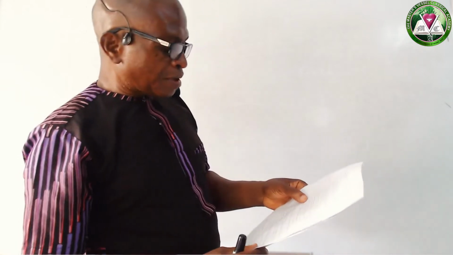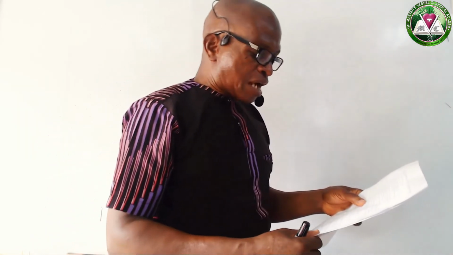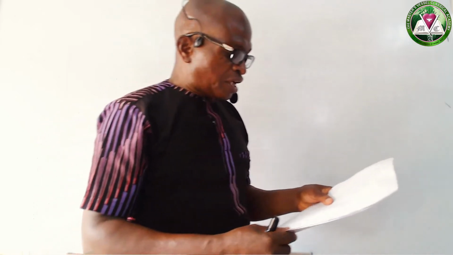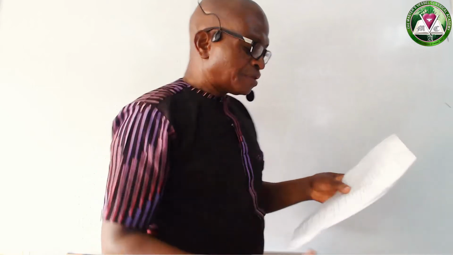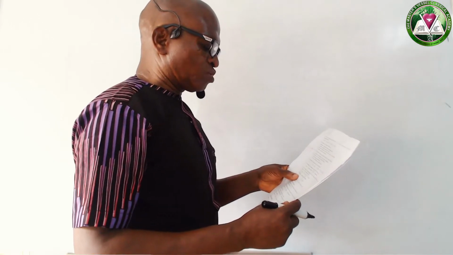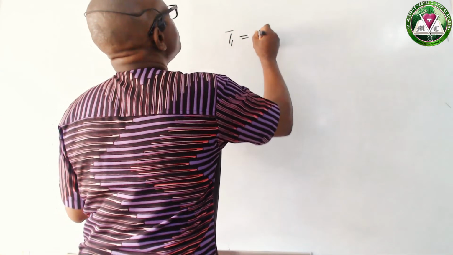Then number 25. Please listen. You can write them down, but I will just write down the important things that we'll use in calculation. The question says, if the volume of a given mass of gas at 0 degrees centigrade is 27.3 cm cube, which means we can get here that T1 is equal to 0 degrees centigrade.